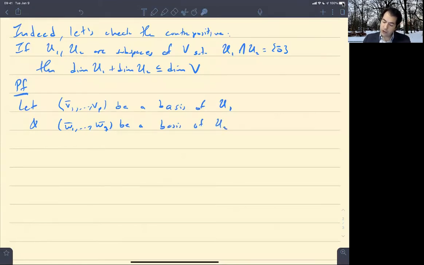Right. I want to show that P plus Q is less than or equal to the dimension of V.